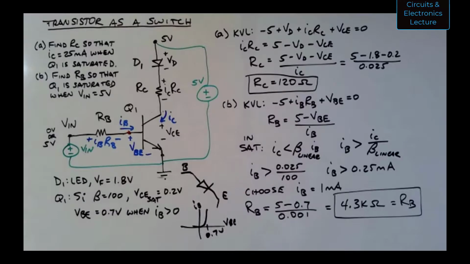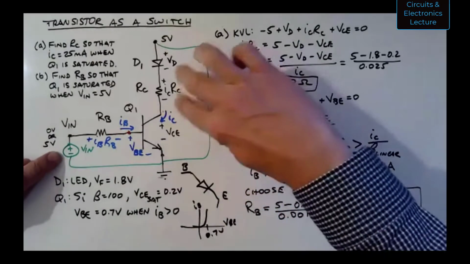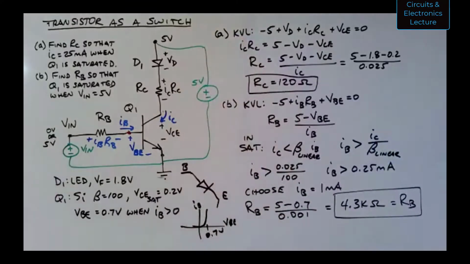So transistors can be used here as a switch. They can also be used as an amplifier, as you saw in the table I drew for the previous whiteboard segment. You could use a little current, a little IB, or in this case a little voltage, to change IC, or in this case maybe ICRC, a lot.